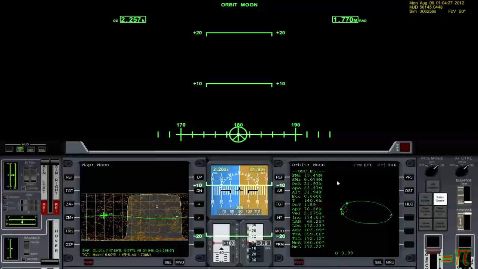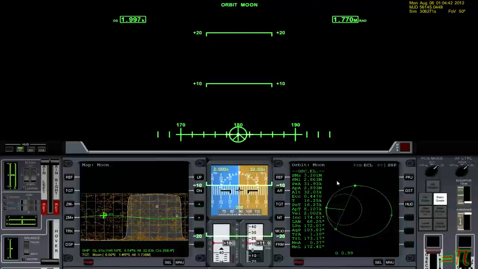Now we'll shrink that down and make it a little more circular. Watching the apoapsis, I'd like to make it close to the periapsis.